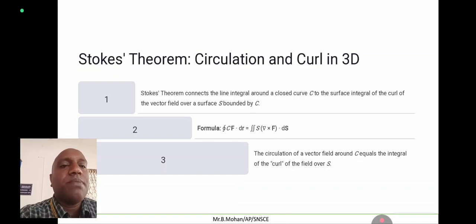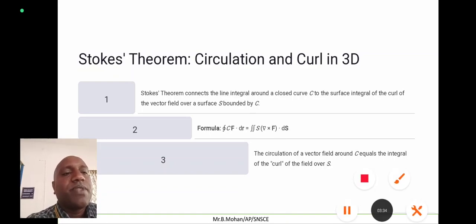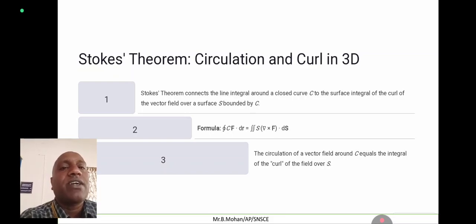Then the third step is that the circulation of a vector field around C equals the integral of the curl of the field over S. We use the Stokes theorem in various places, particularly for the closed curve C and the surface integral of the curl of a vector field.